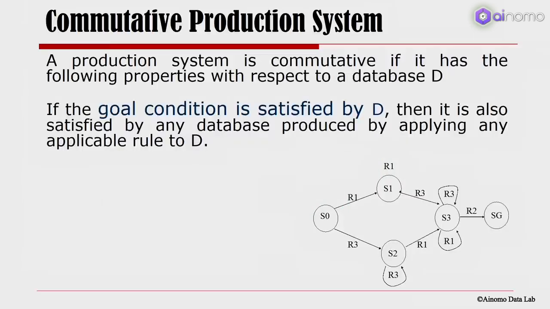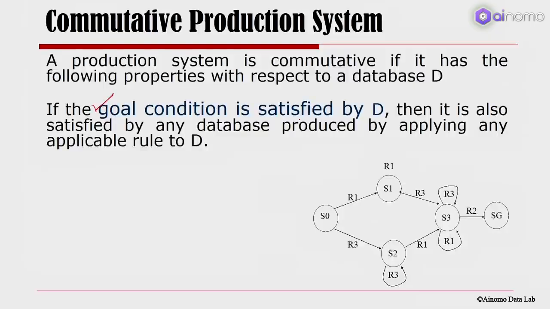Number two, if the goal condition of a commutative production system is satisfied by some database D, then it is also satisfied by any database produced by applying any applicable rule to D. Because of the very fact that I can still apply all the rules to that database that's produced out of this, this is going to be true.